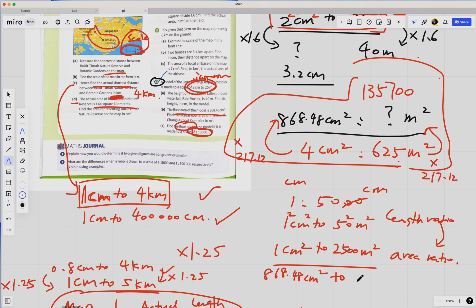So what's the actual? How do you get from 1 to 868.48? It's times 868.48, so this side also must times 868.48. You will get the answer. You understand? So that's how you can get the area using another scale.